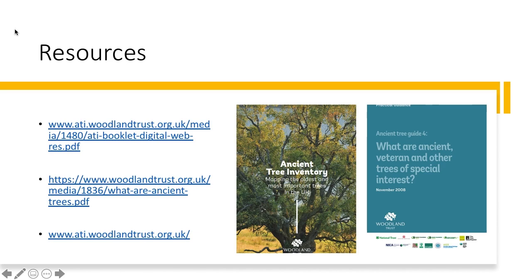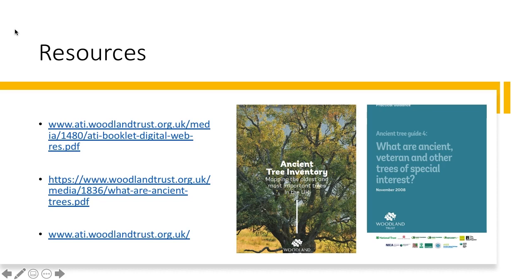So lastly, I'll just talk through which resources there are out there to help, and a lot of what I put on the slides today has come from these resources, and they're all from the Woodland Trust. Surprise, surprise, as I keep mentioning them. They've got these two really fantastic booklets, PDFs, available for free online.